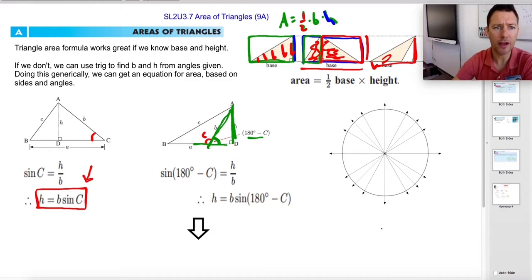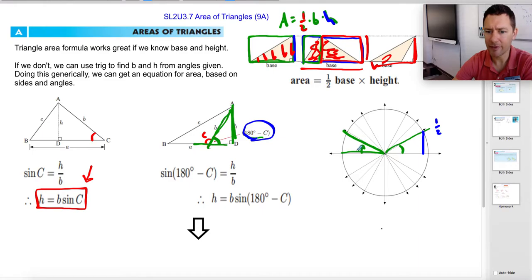If you think about this on a unit circle, if this is C, the sine will be something. In this case, I don't know, let's call it a half. If you look at 180 minus C, here's 180, 180 minus C is going to be here. It's going to have the same sine. It's going to be the same height above the x-axis.